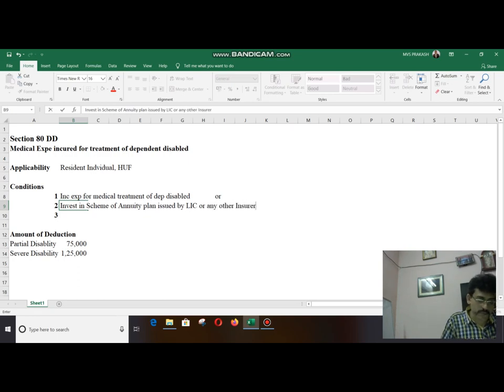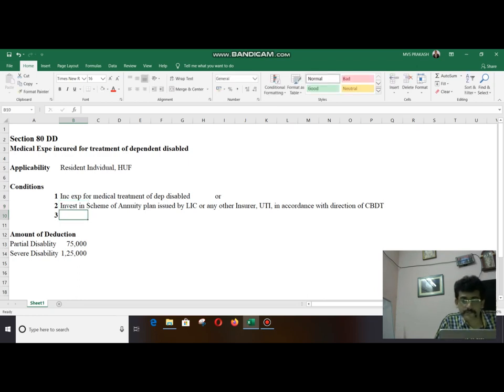Or he can also invest in units of UTI, or in any mode specified by the Central Board of Direct Taxes, in accordance with directions of the Central Board of Direct Taxes. That's the second condition.